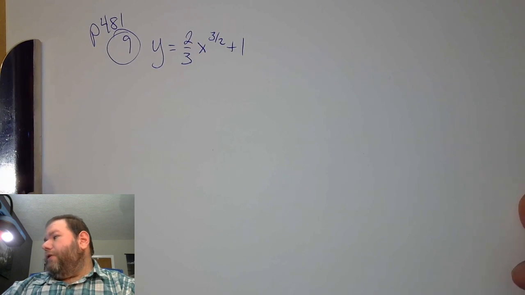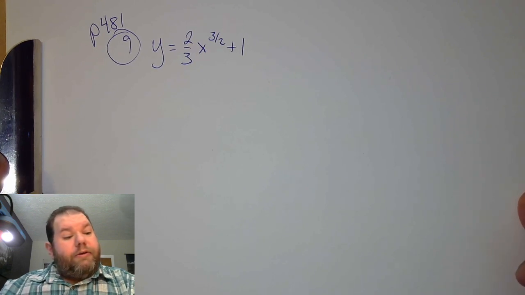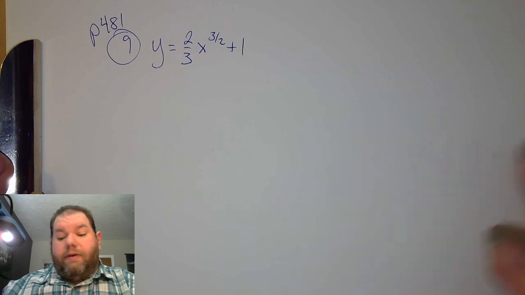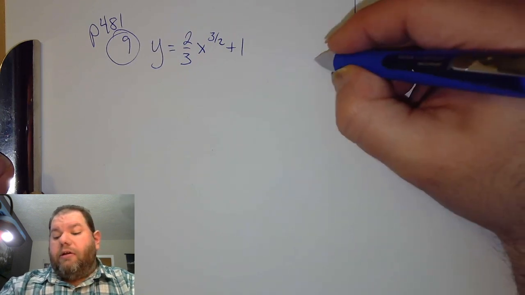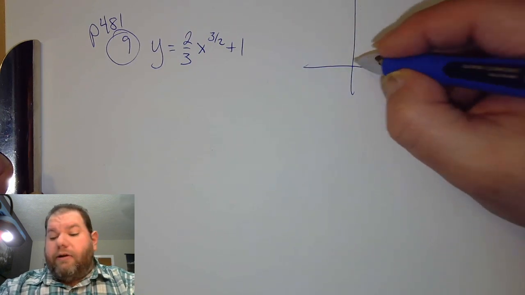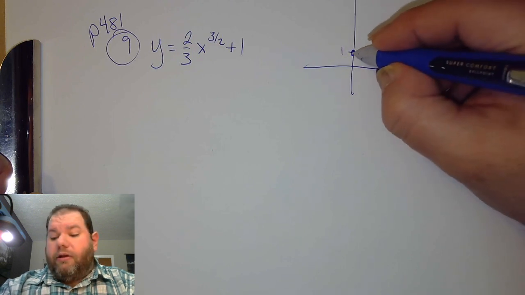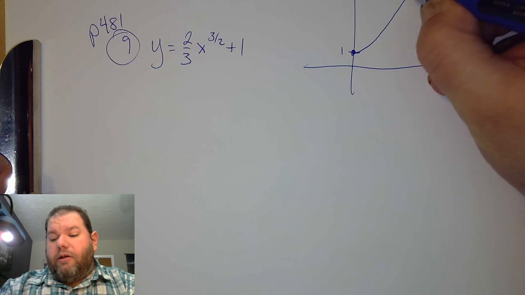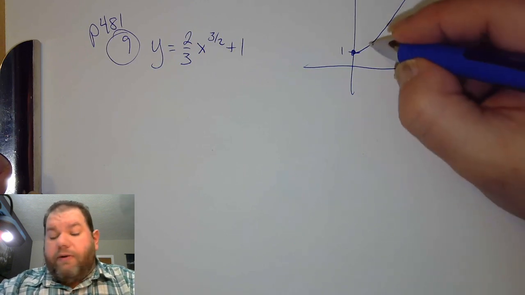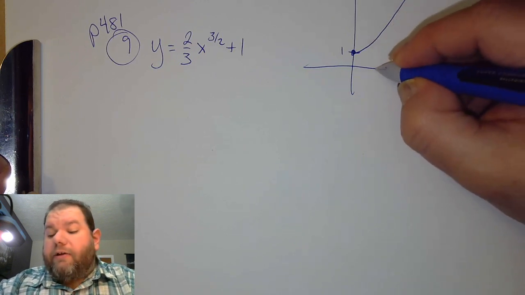If we look at the graph that they give us, it's a curve that starts at 1 on the y-axis and goes up from there, but specifically they want us to stop at x equals 1.